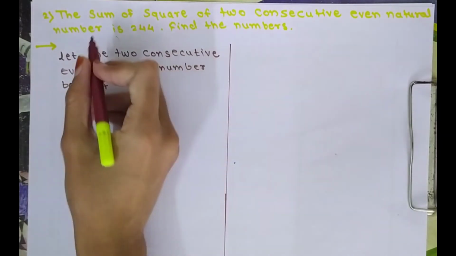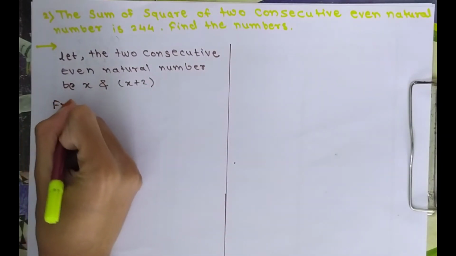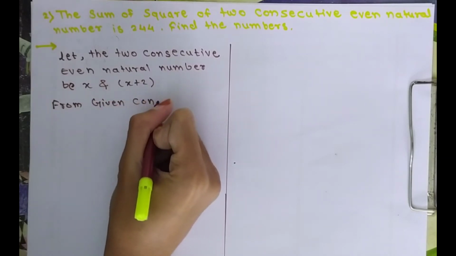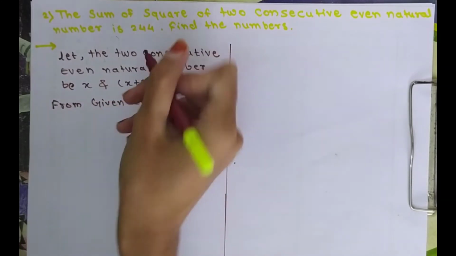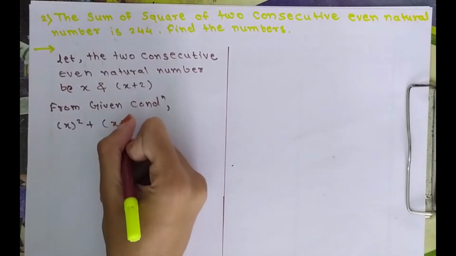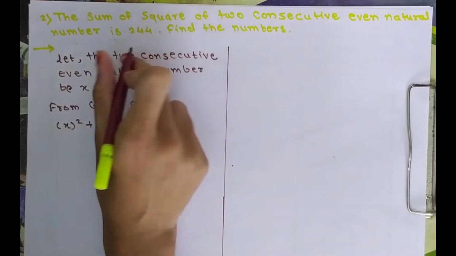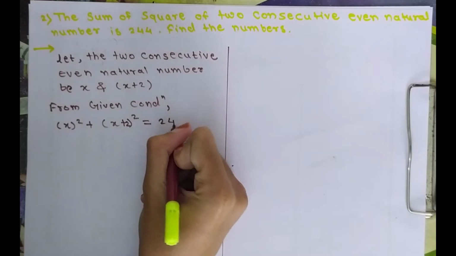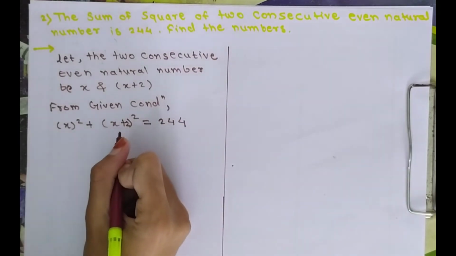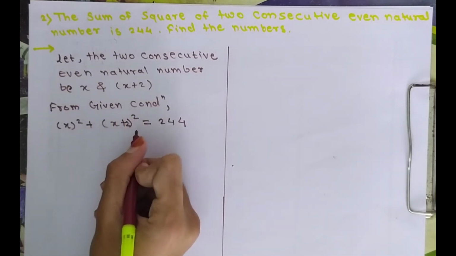So what is given here? The sum of squares of two consecutive numbers. So from the given condition, the sum of squares: x square plus (x plus 2) square is equal to 244. Its sum is what? 244. Okay. So this is the formula of (a plus b) square. x plus 2 bracket square, (a plus b) square.